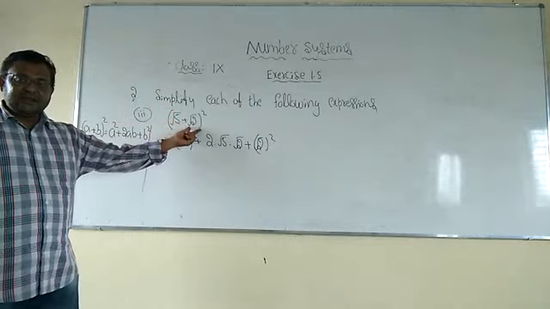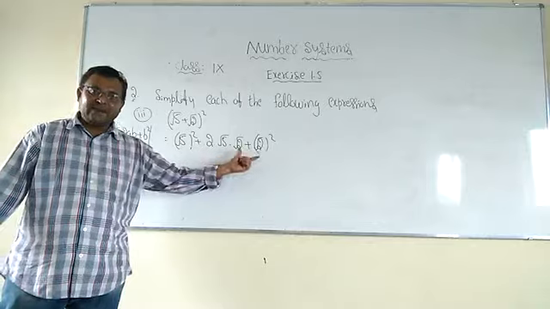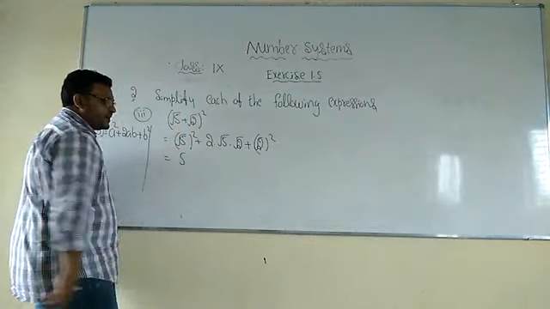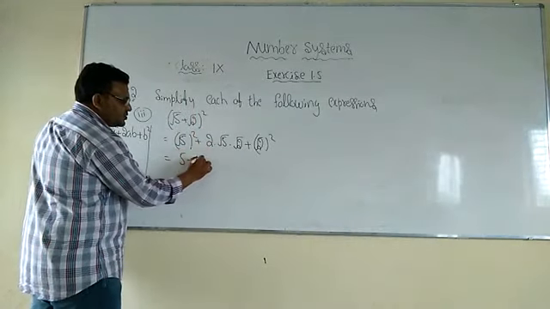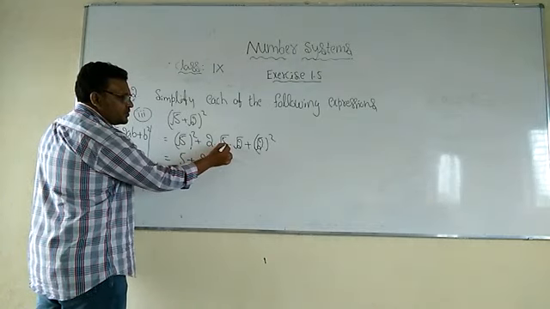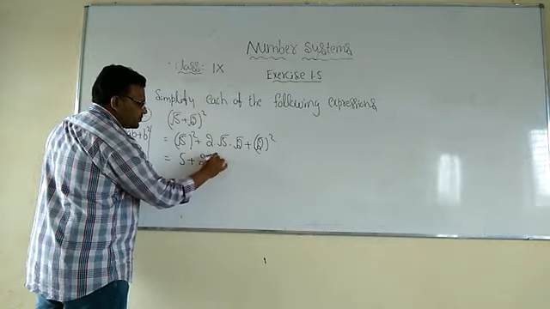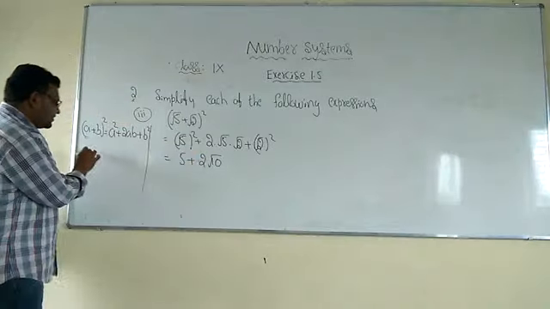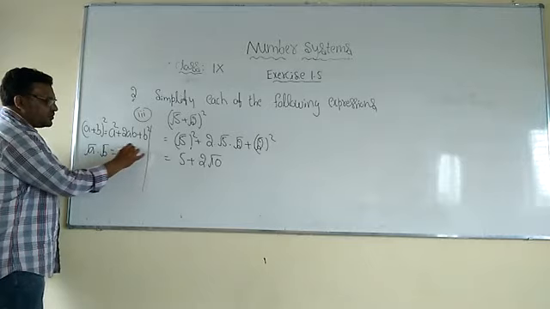A plus b whole square means a square plus 2ab plus b square. Here the square and root will get cancelled. What remains? 5. Then 2 into root 5 into root 2. Both are square roots only, that's why we can multiply. Why? Because root a into root b is equal to root ab.